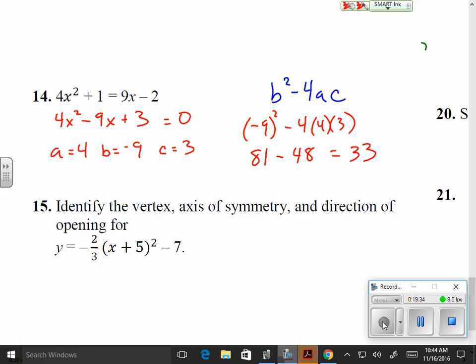So since it's a non-negative, non-zero number, that means I'm going to have two real roots.